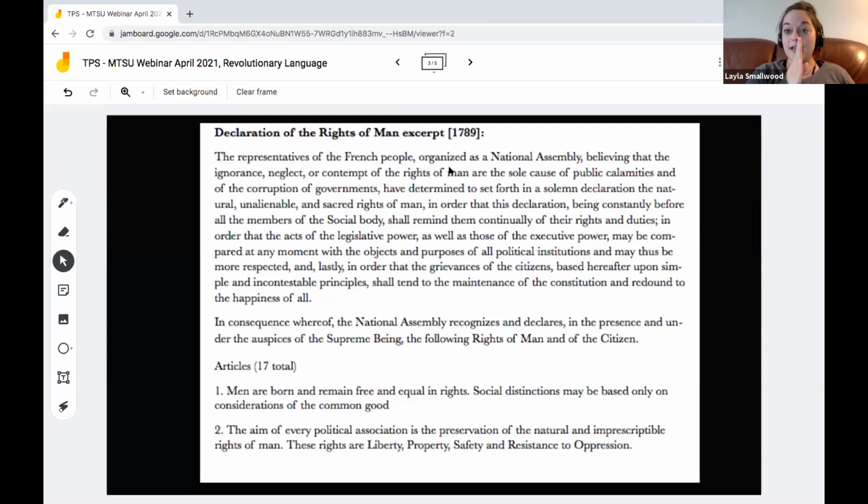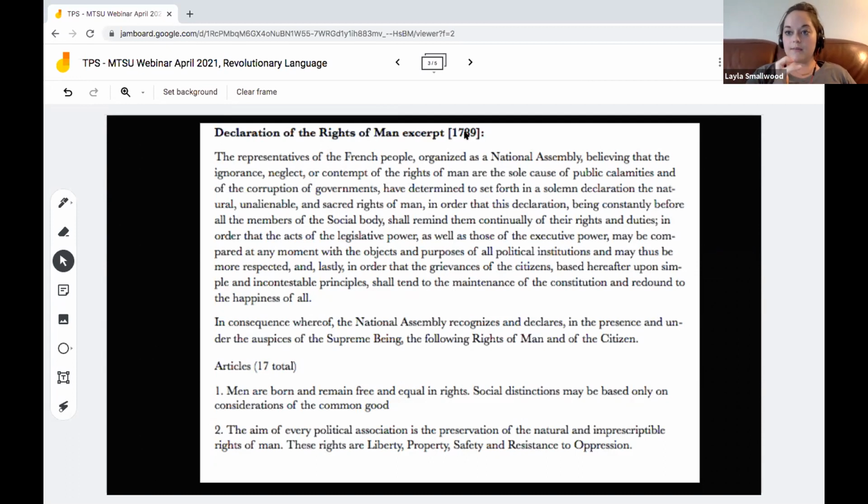Yes, it's very like, insert this phrase here, right? We can see how they kind of worked this through. We the people, representatives of the French people, good. They have this declaration. They're saying this is why we're doing it. This is why we're complaining. And here is what we want set forth, right? So very interesting.